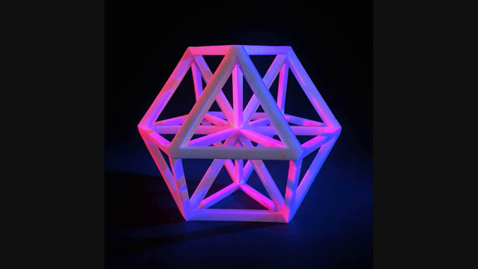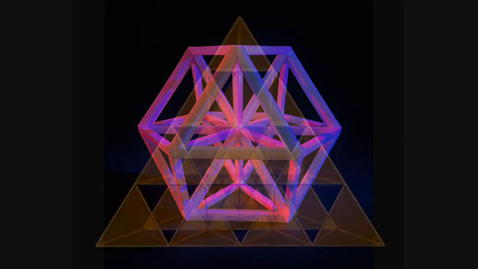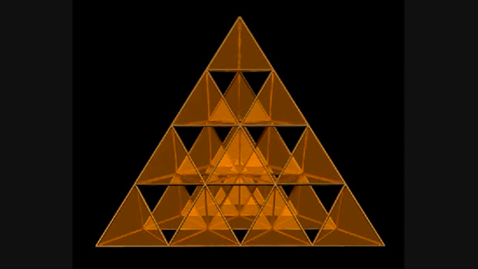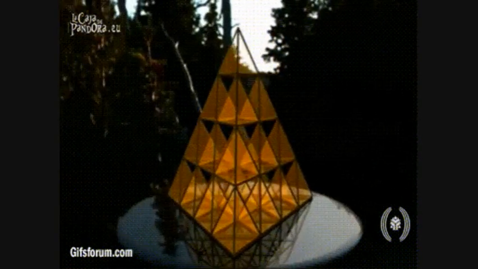According to Buckminster Fuller, the mathematical blueprint for the universe itself and the structure of the vacuum of space was something called the isotropic vector matrix. The isotropic vector matrix is a collection of 20 tetrahedrons stacked on top of each other. 10 on the bottom layer, 6 on the second, 3 on the third, and 1 on the top.